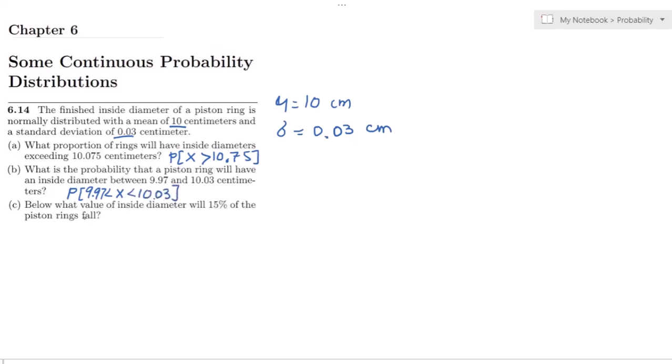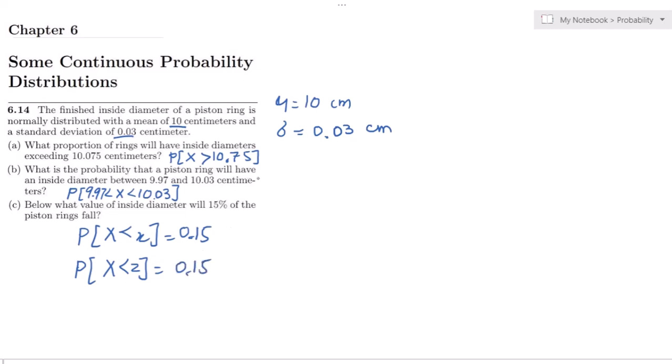And the last one: below what value of inside diameter will 15% of the piston rings fall? Meaning the probability that X is less than small x. When we convert it to the z domain, it becomes z, so the probability that Z is less than z is 0.15.